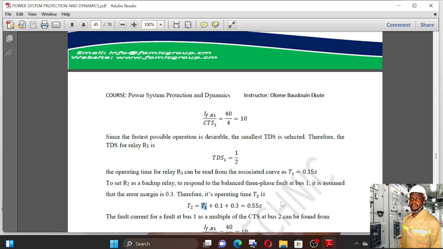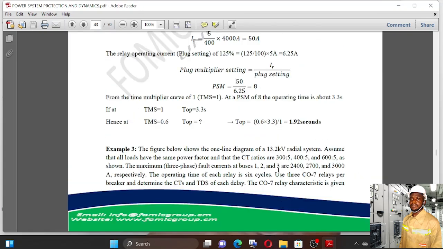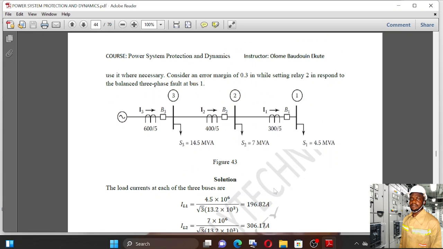Let me go up to the question here: for circuit breaker 2, consider an error margin of 0.3 while setting relay 2. So it's particularly for relay 2. That's why we're adding 0.3 seconds for the error margin.